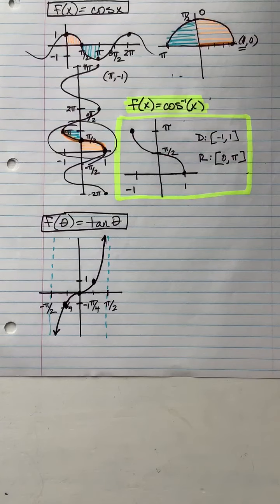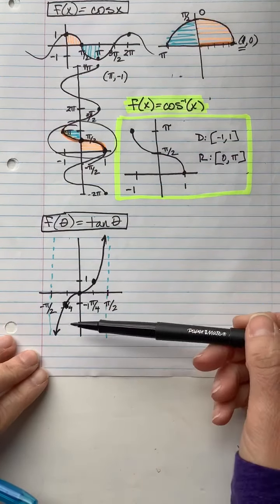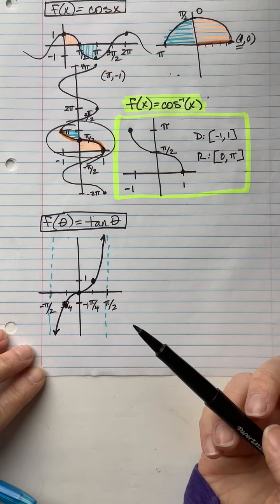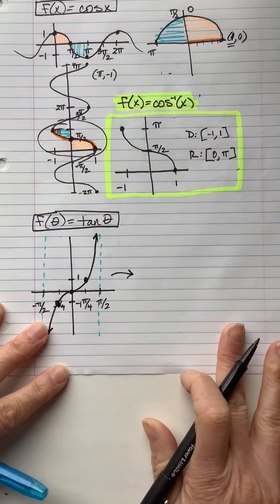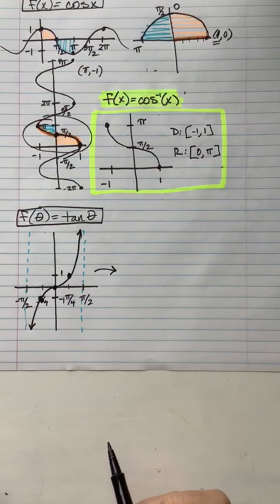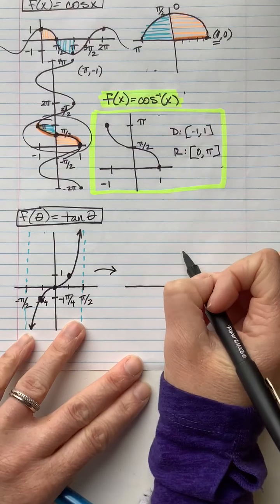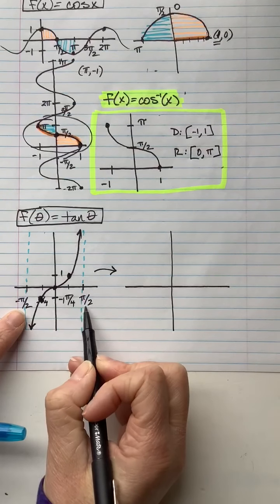Alrighty, so if I were to invert this whole thing, this function travels vertically, which means the inverse function is going to travel horizontally. So I'm just going to go ahead and make this one right away here. Okay, I'm going to start with my asymptotes.